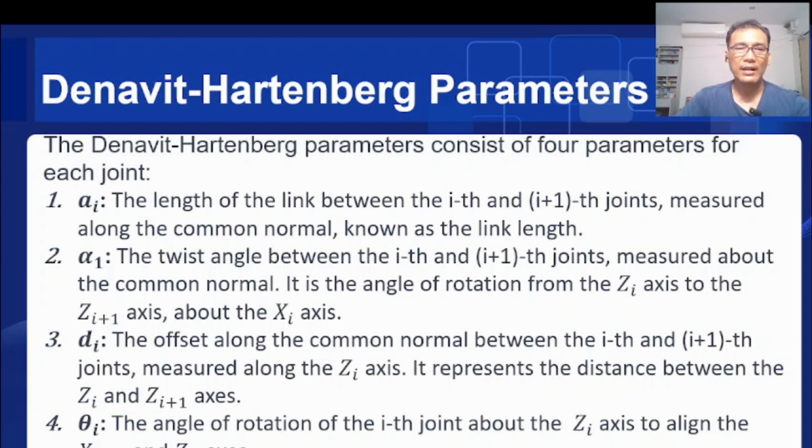And then the last parameter is theta_i, the angle of rotation of the i-th joint about the Z_i axis to align the X_(i-1) and X_i axis. So here, the Denavit-Hartenberg parameters are a set of 4 parameters associated with each joint in a robotic arm, providing a systematic method for describing the geometry and motion of the robot's links.